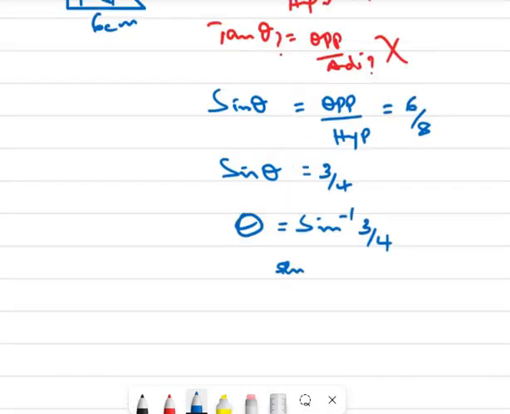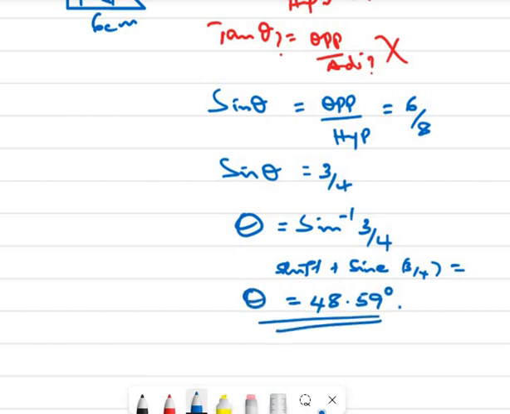You press shift, you press sine, then you press 3 over 4 and then equals, and the answer you will get is most likely to be 48.59 degrees. The result here has to be written in degrees because it is an angle, degrees, like that.